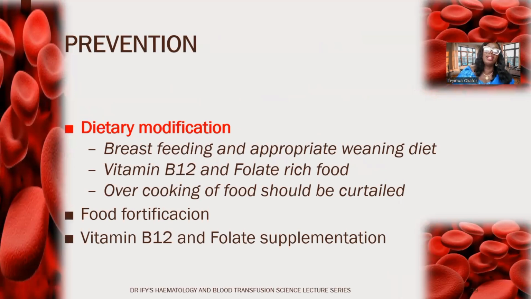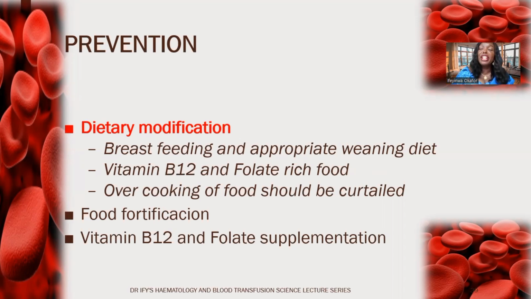Prevention, how is it prevented? It can be prevented by something as simple as dietary modifications. Appropriate breastfeeding and using an appropriate weaning diet in our infants will reduce the incidence of megaloblastic anemia in children.